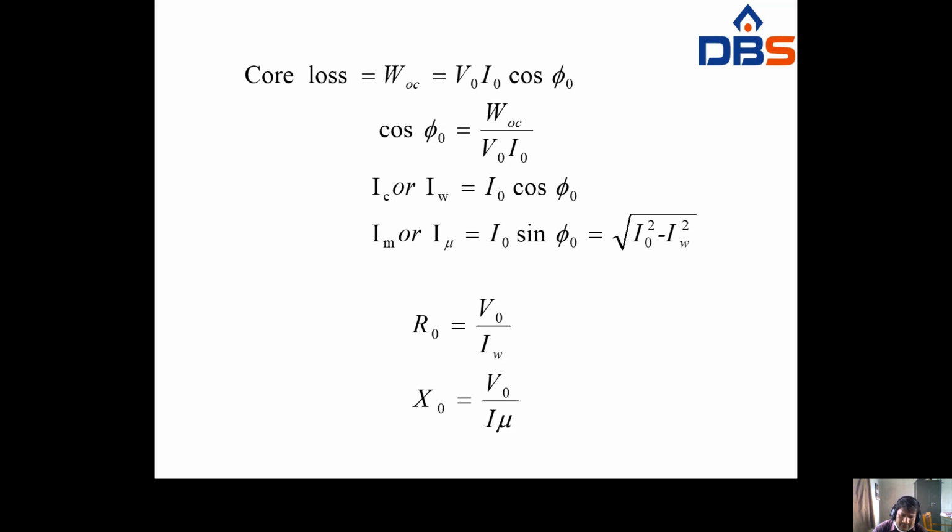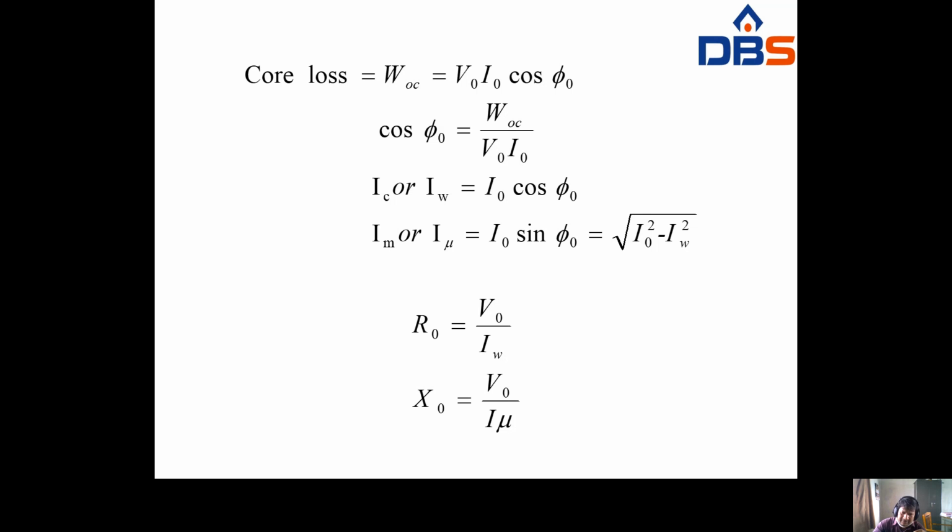Once you find cos phi naught, you can easily determine sin phi naught, and so both currents, that is the wattful current or core loss current, and the magnetizing current. After finding them, we determine the shunt branch parameters R naught and X naught using the formulas below: R naught is equal to V naught by I w, and X naught is equal to V naught by I mu.